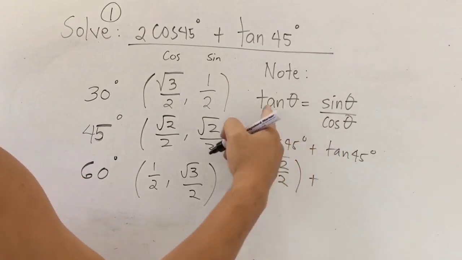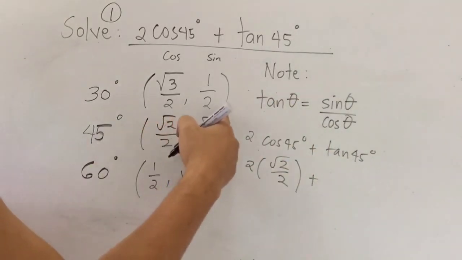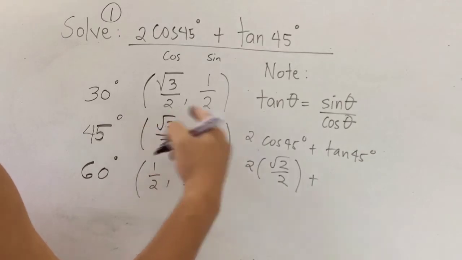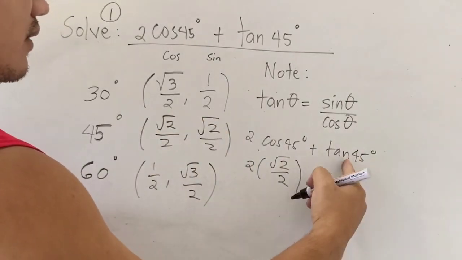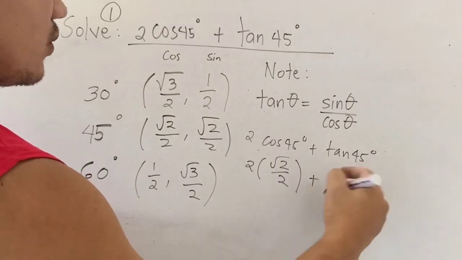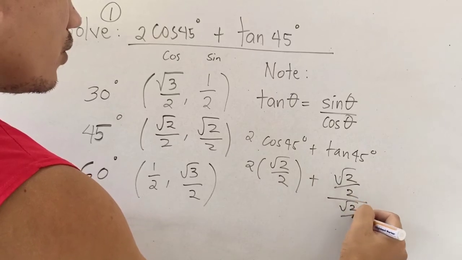Ang tangent 45 natin ay sine divided by cosine. Kapag nag-divide tayo ng parehas na value, ang sagot ay 1. Meaning, the value of tangent 45 is square root of 2 over 2 over square root of 2 over 2.